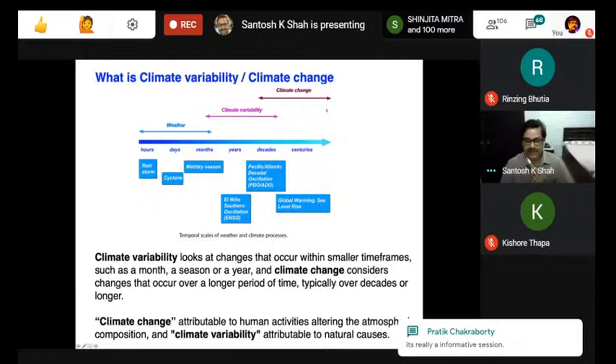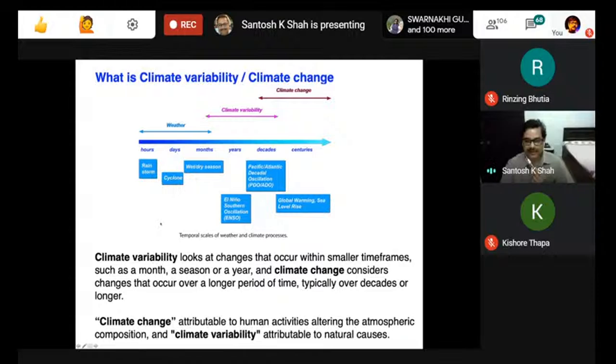All these are climate change effects. So climate variability looks at changes that occur within smaller time frames, such as a month, a season, or a year, and climate change considers changes that occur over a longer period of time, typically decades or longer.